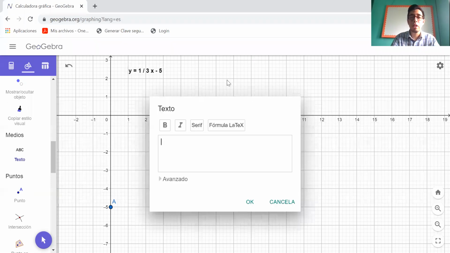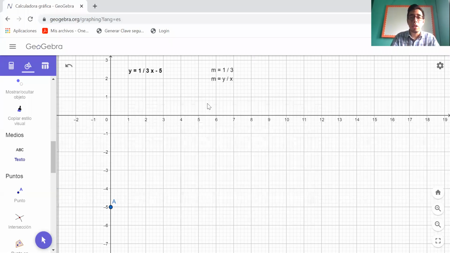But what we have with the slope m is going to be equal 1/3. But you already know that the slope m is y/x, right? So 1 is going to be the value of y, and 3 is going to be the value of x.